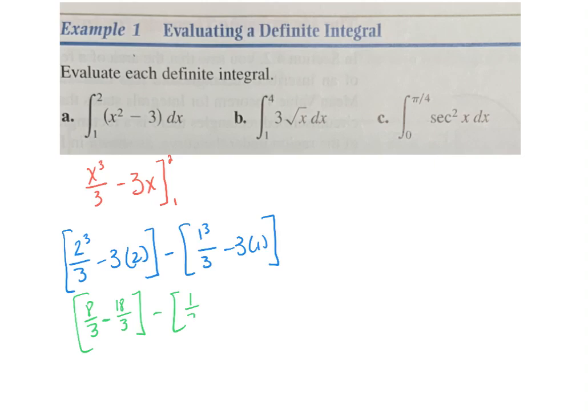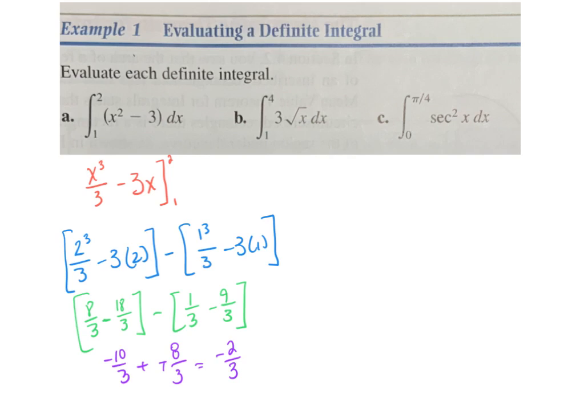Minus 1 third minus 9 thirds, yes. So we have 8 minus 18. What does that give us? Negative 10. Minus 1 minus 9 gives us what? Negative 8. Plus, negative 10 plus 8 is negative 2 thirds.